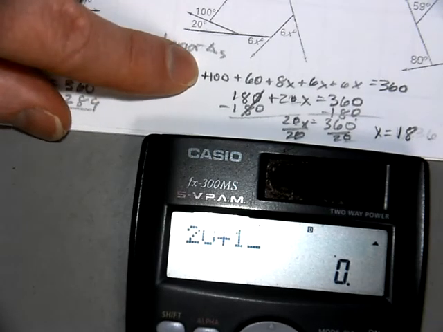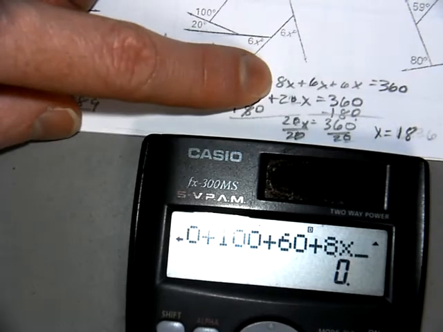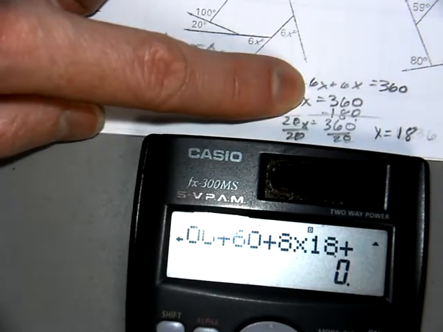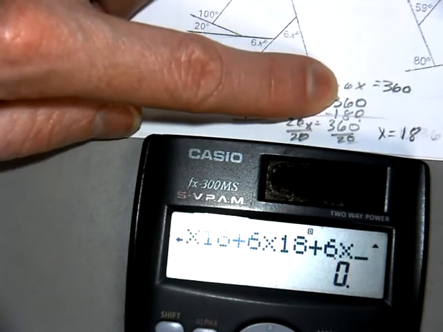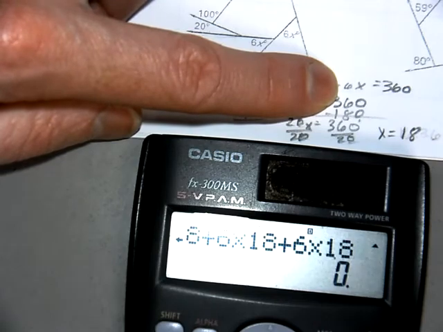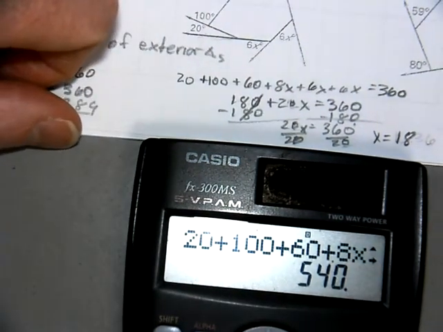20 plus 100 plus 60 plus 8 times 18 plus 6 times 18 plus 6 times 18. That should give us 360. And it didn't.